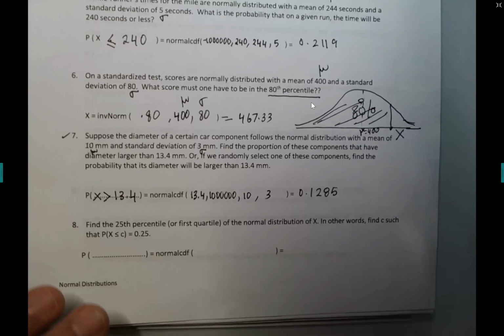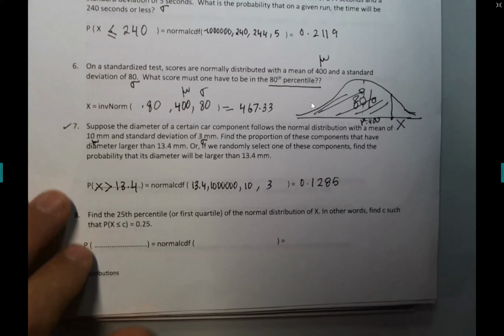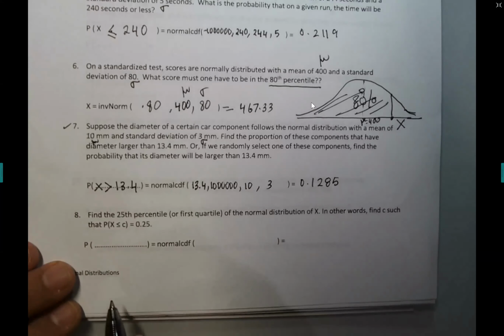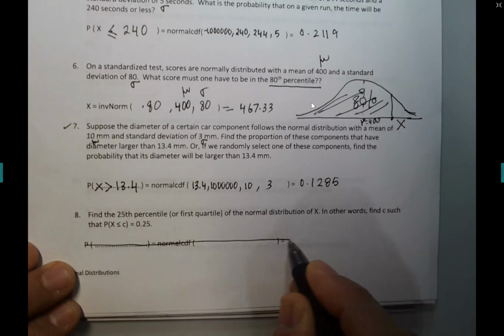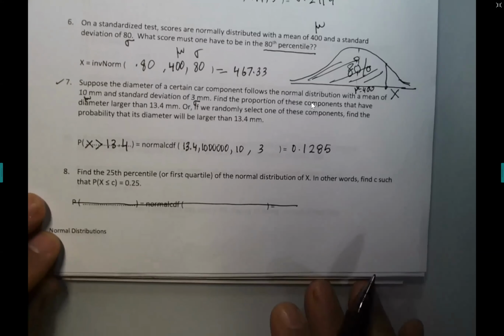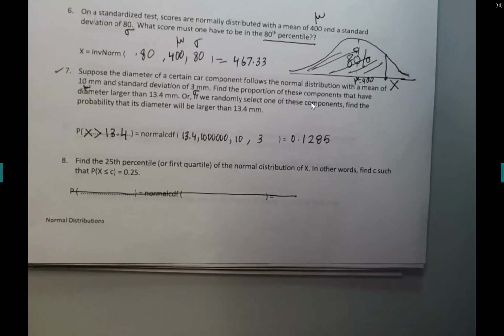All right. Next exercise. That was wrong here. Number 8. Find the 25th percentile of the normal distribution of X. In other words, find the value of X. And he gave me a mean.